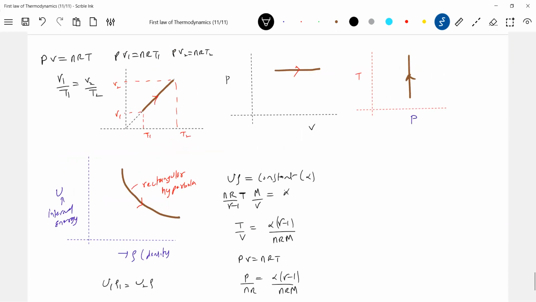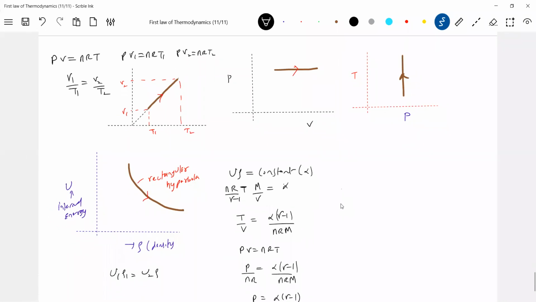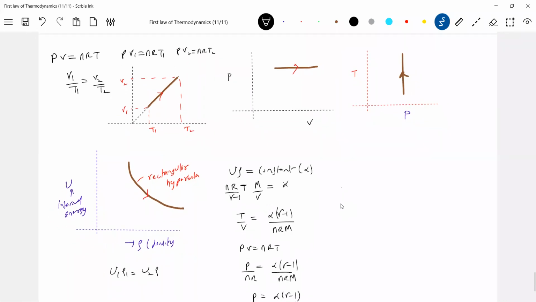In the VT graph, a straight line passing through the origin. In the PV graph, a horizontal line. TP graph, vertical line. Now books, we have all these things in numericals, but rather than struggling in numericals, let's struggle now only, no? Rather than fighting in numericals, let's have some background. You have plotted internal energy versus density. Pressure versus internal energy graph, how will it be?